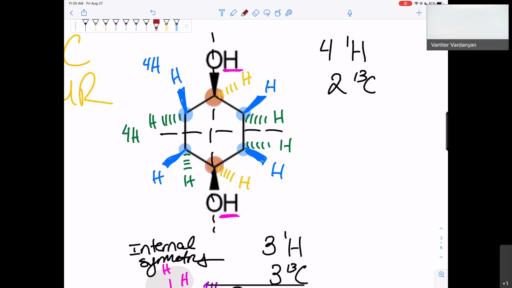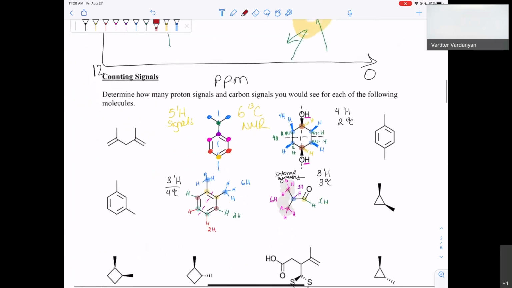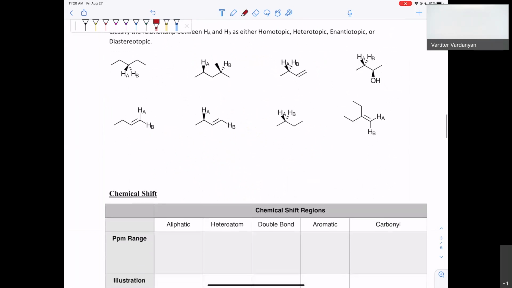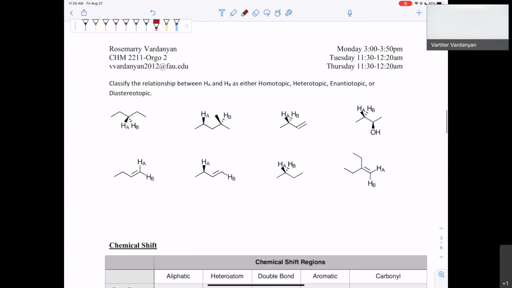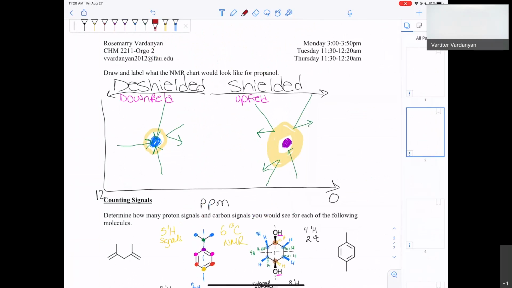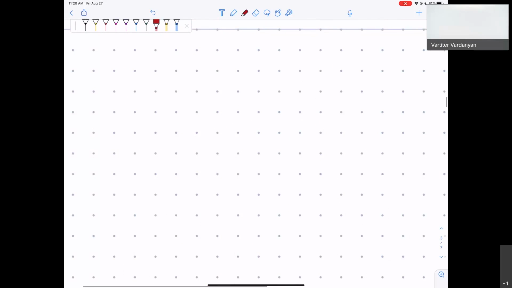All right, perfect. So we are going to use that example to segue into a different concept, which, of course, I didn't give any room on the handout to do. And add a page. Okay, do the words homotopic, heterotopic, enantiotopic, diastereotopic, do those at all ring a bell? Cool.